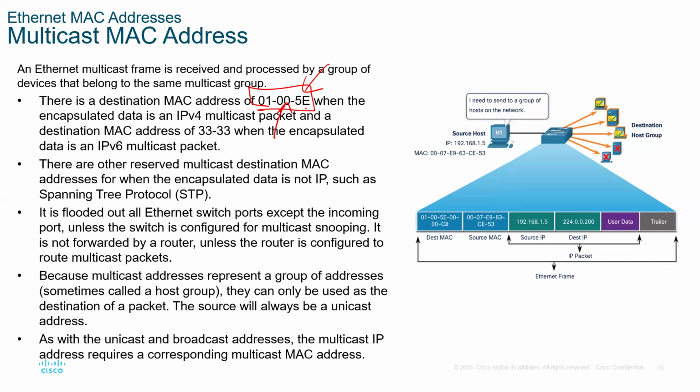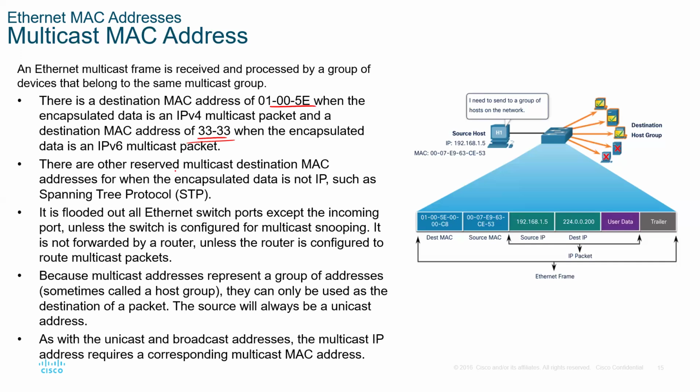given choice of answers. There's a destination MAC of this when the encapsulated data is an IPv4 multicast packet, and a destination MAC address of 33:33 when the encapsulated data is an IPv6 multicast packet. So it's different. If it's IPv4, then we have this. If it's IPv6, we have this. There are other reserved multicast destination MAC addresses for when the encapsulated data is not IP, such as STP.